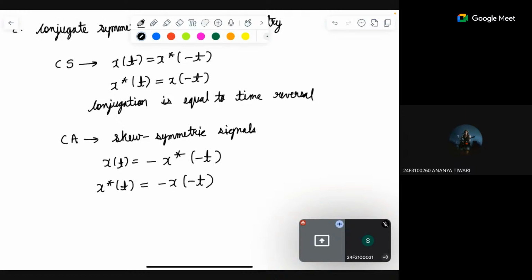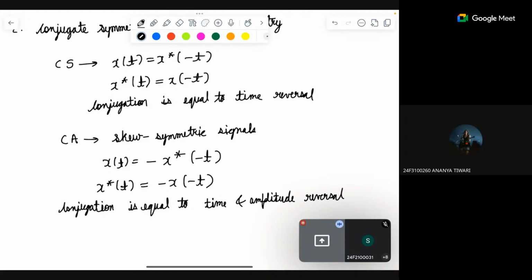So when we talk about conjugate asymmetric signals, conjugation is equal to time and amplitude reversal.